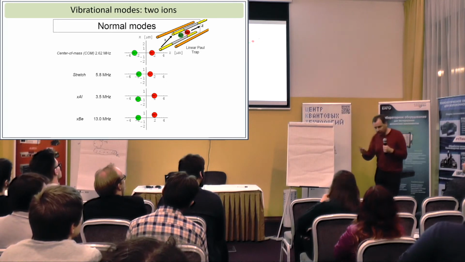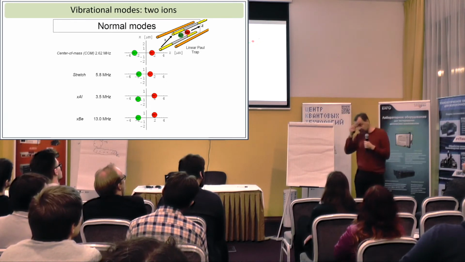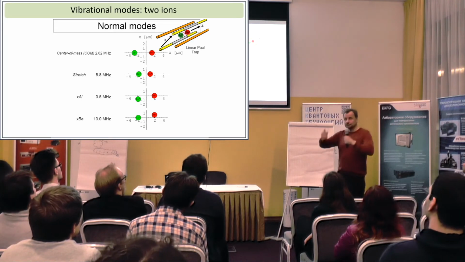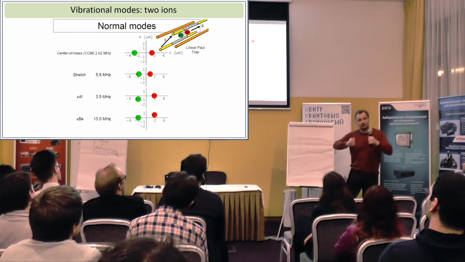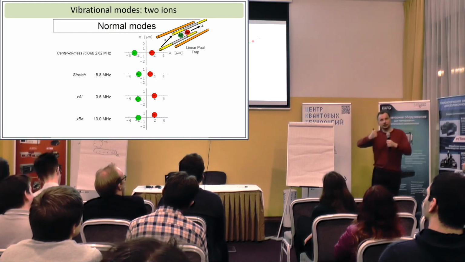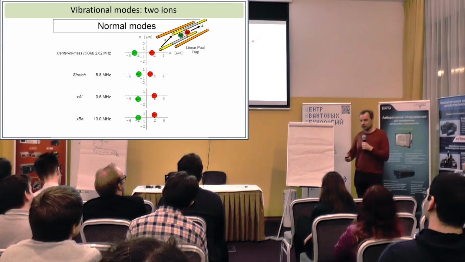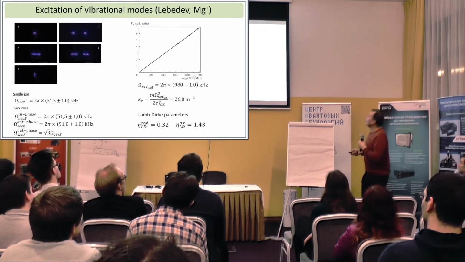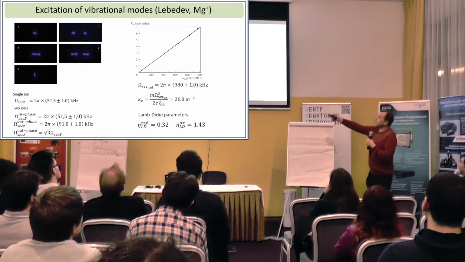All of them have slightly different frequencies, but they're more and more dense. Of course, there are also other dimensions, and ions can move in other planes, but this is undesirable, I would say, in some sense.